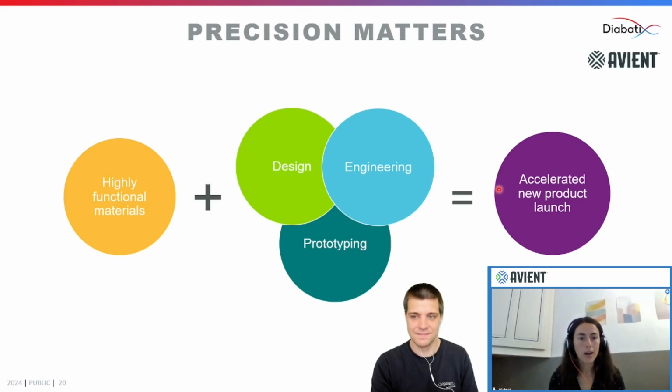In conclusion, combining the technicality of our material with design, digital tools, and also prototyping is helping us to develop new products and support our customers in those steps to go for a new product launch.